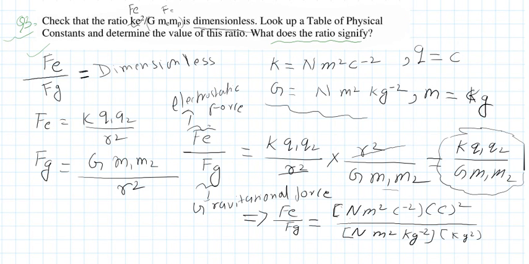So this kg and this kg will cancel out, this coulomb and this coulomb will cancel out, meter square, Newton and Newton cancel out. So it doesn't have any unit.